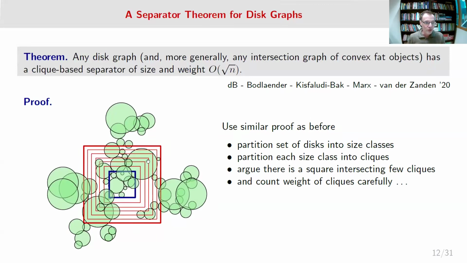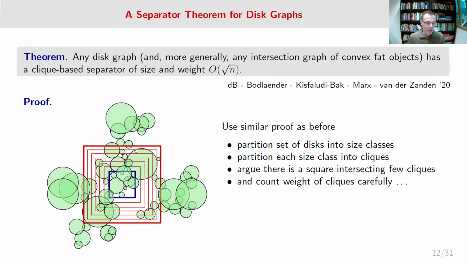Now I want to group these disks into cliques. And if you take a very small disk like this one, it's relatively easy to avoid it by picking the right square.